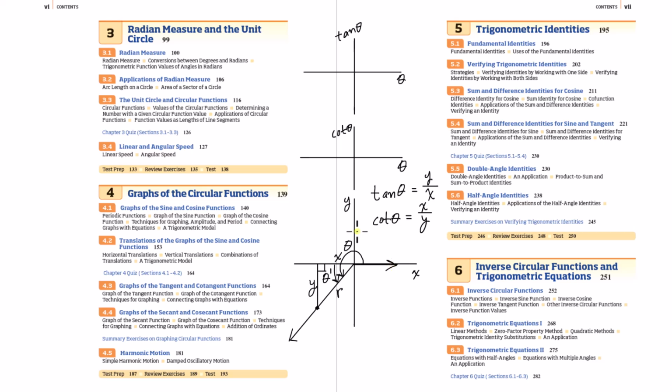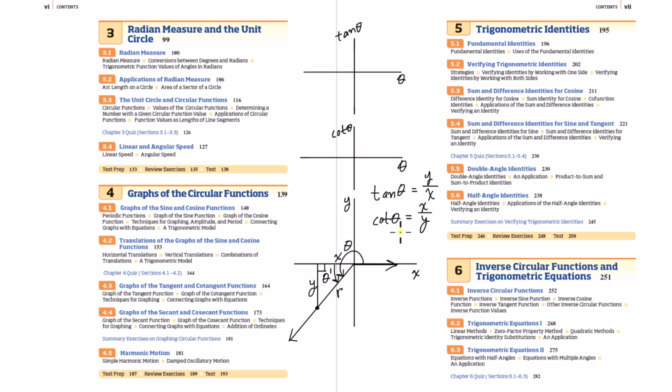Okay, so when y is 0 and x is non-zero, that means tangent theta is 0, but cotangent theta doesn't exist because you're dividing by 0. However, we can think about that x is equal to r, y is 0, so that's infinity.